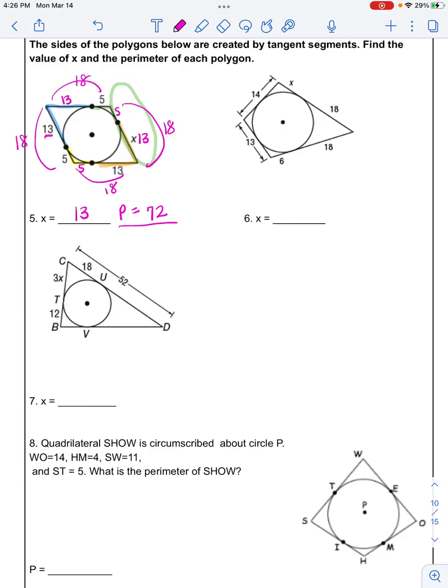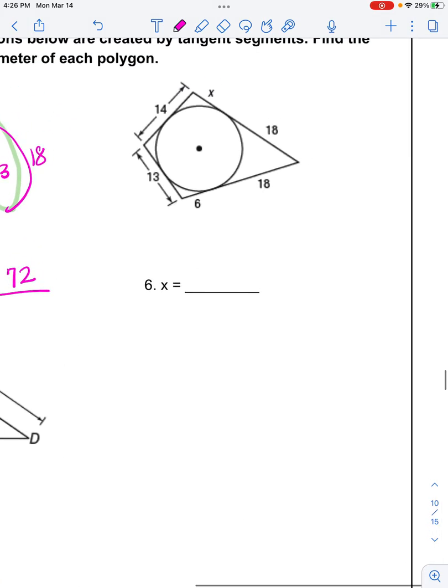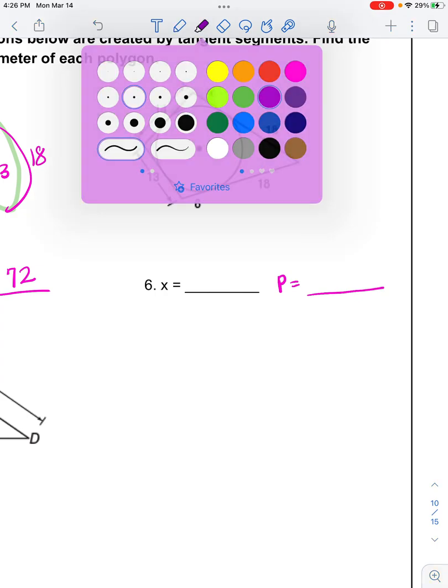So when you look at number 6, you have to find a good place to start. I've asked for the perimeter and I've asked for X. And so the problem is, here's X. X is this party hat right here. Well, we can't use the other side because we know the whole thing is 14, but we can't start with the whole thing. We have to start with a part. So I have this party hat down here, right?